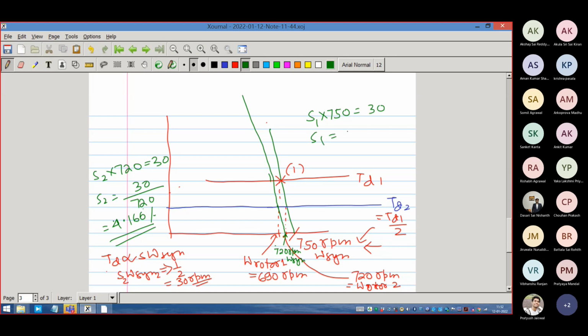So S1 would have been 30 divided by 750. That is 4%.